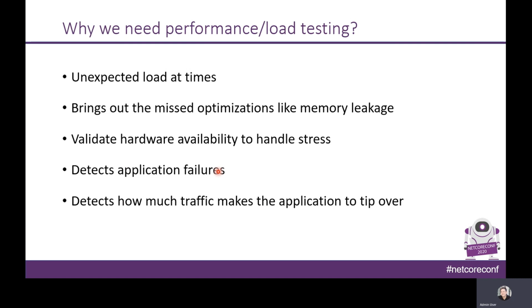But if you unexpectedly get 5,000 or 10,000 users, are you going to change the code on the running production system and block the users? We cannot do that, right? So our code has to be that optimized. It should be ready to handle any number of users and be more generic. So these kinds of application failures, when the user load or performance demand increases, we should be able to detect.